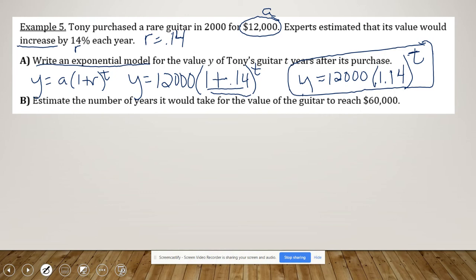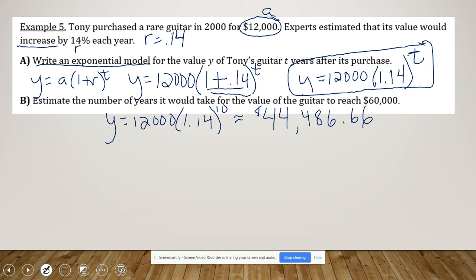Now it says estimate the number of years it will take for the value to reach $60,000. Well, I have no idea how long that's going to take, but we're only at 12 right now, so I don't know. Let's try 10 years. So I'm going to replace T with 10, plug it in my calculator, and I get $44,486.66.